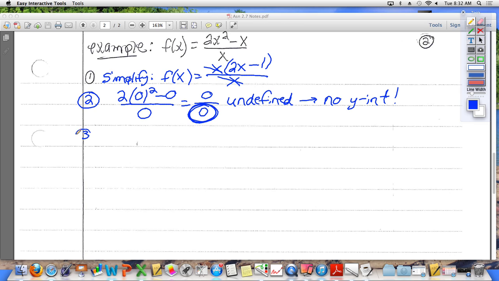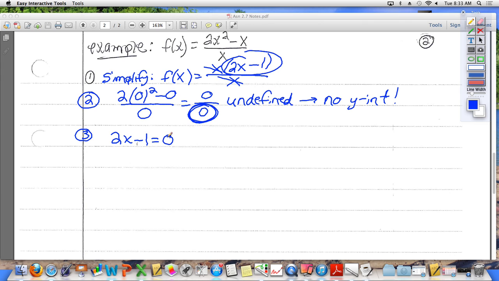What is step number 3? Find the zeros. We find the zeros by looking at the numerator, and you can use your simplified expression here. So just use your 2x minus 1 and put it equal to 0.